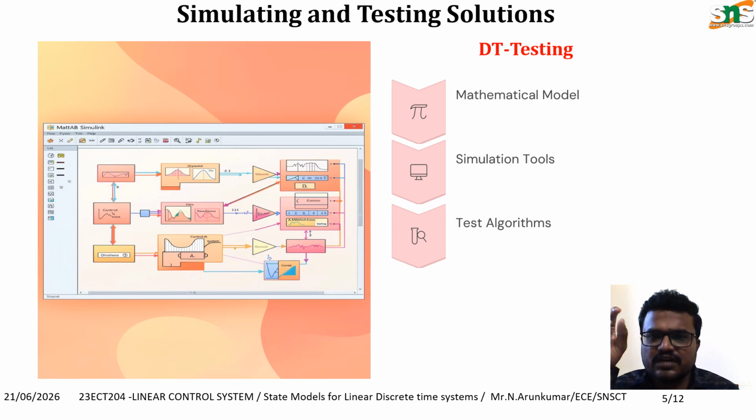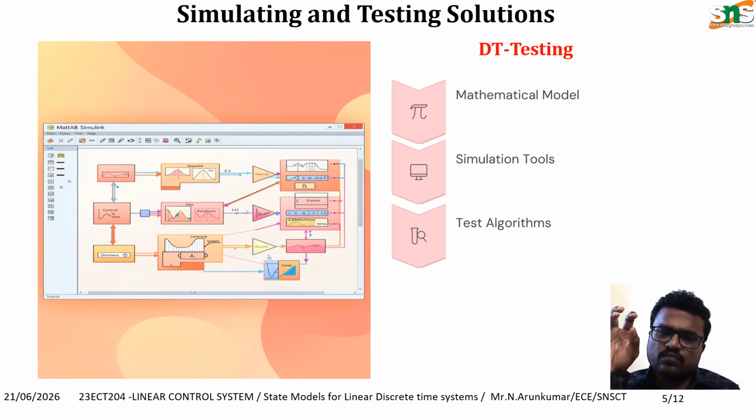And the next one is simulating and testing solutions. After finalizing all those factors based on the input conditions, we need to verify the result by using the simulation process. The simulation is done with the help of three factors: first is the mathematical model, second is simulation tools, and next is test algorithms.